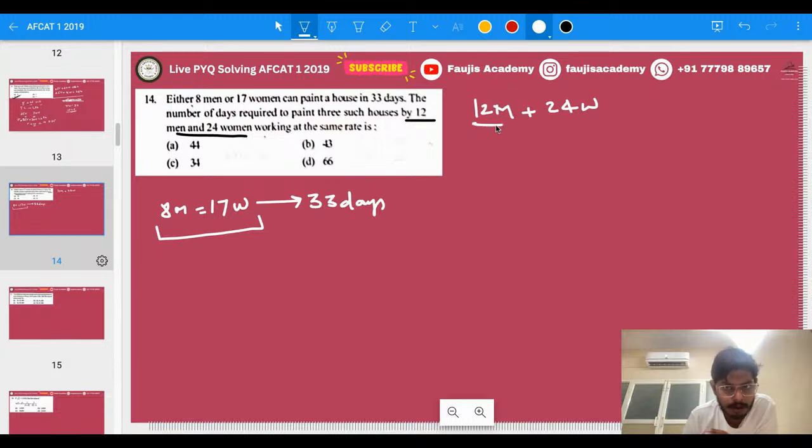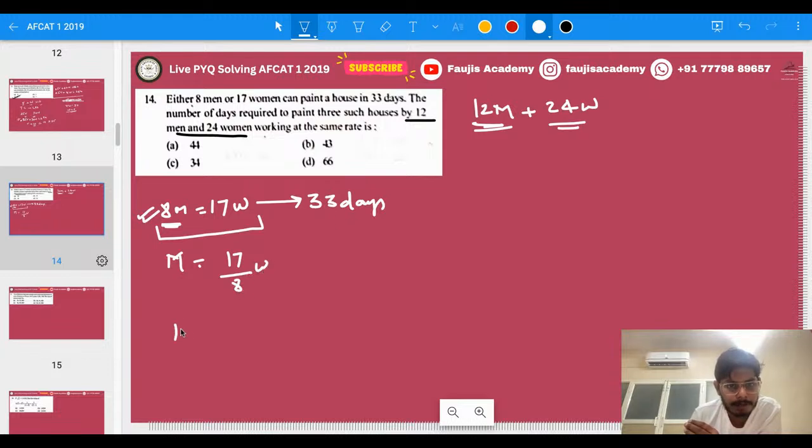Should we change all of these men into terms of women, or all of these women in terms of men? If you look closely, 8 men is equal to 17 women. Simply write 1 man is equal to 17 by 8 women, isn't it?